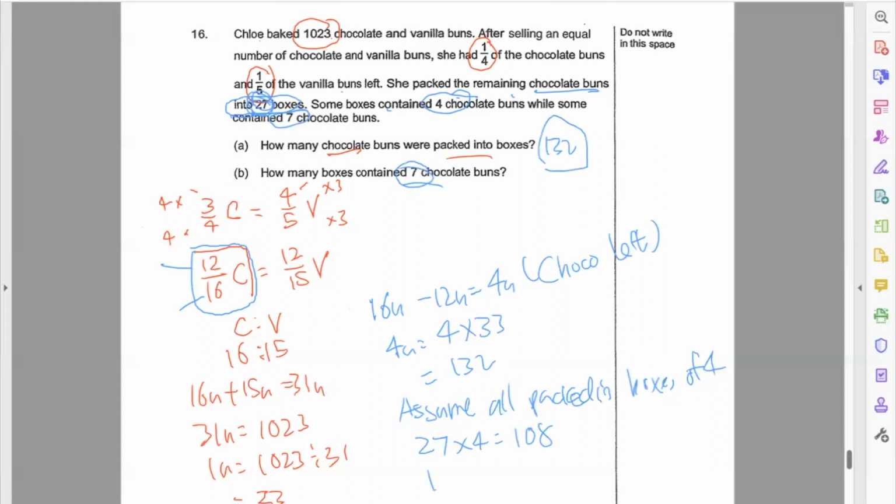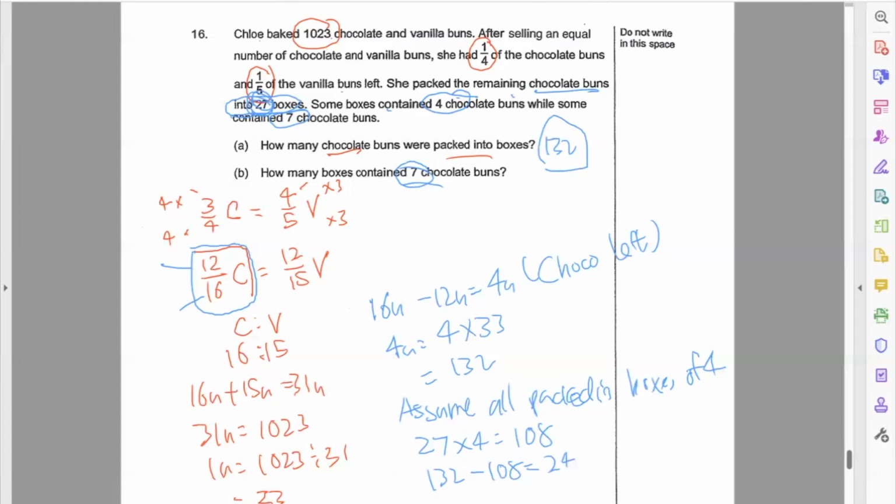So there's a difference of 24 buns. If you assume all are packed in boxes of 4, you will only use up 108 buns. The difference of 24 buns means that there must be some buns packed in boxes of 7.